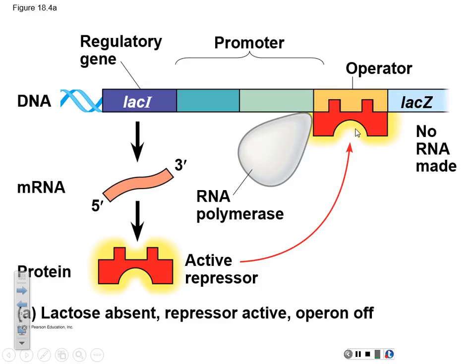Because the RNA polymerase can be bound to the promoter at the same time that PLAC-I is bound to the operator, the instant, not the second, the instant that lactose tickles PLAC-I and causes that allosteric change that makes it no longer interested in binding to the operator, the instant lactose shows up and PLAC-I comes off, you're off to the races and you're transcribing the lac operon. You don't even have to wait for the RNA polymerase to scan along and find the promoter. It's been sitting there all along, ready to go as soon as lactose shows up.